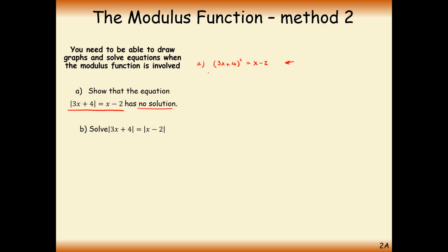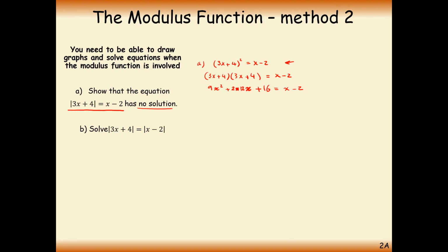So let's expand the bracket and see what we get. Expanding the bracket on the left side, we will have 9x squared plus 2 times 12x. That's a times sign here, and my x is curly, so this is just the multiplication, and we'll have a 16 there.